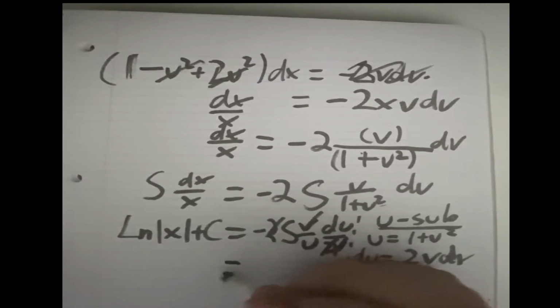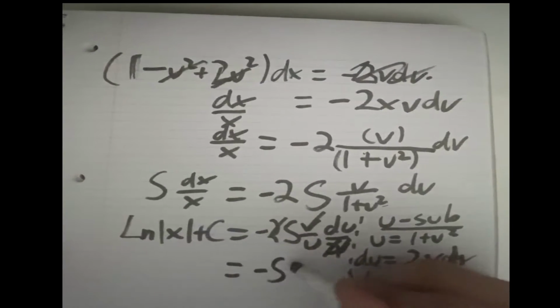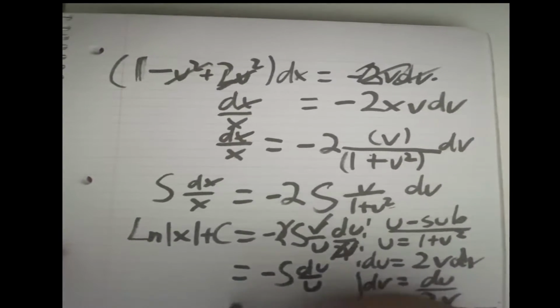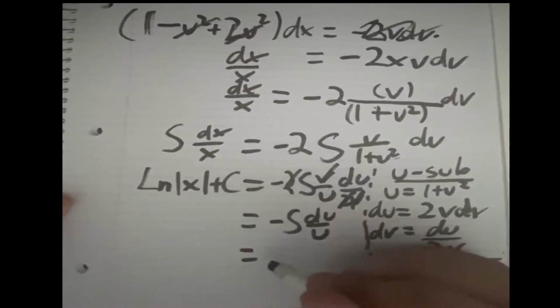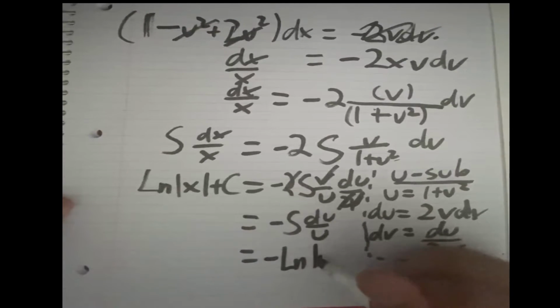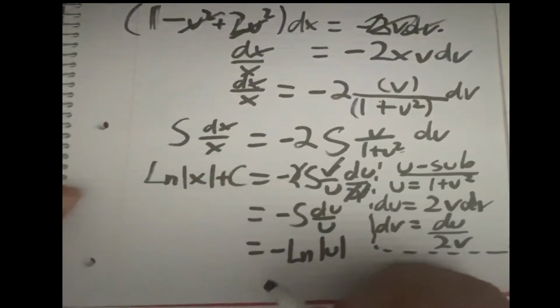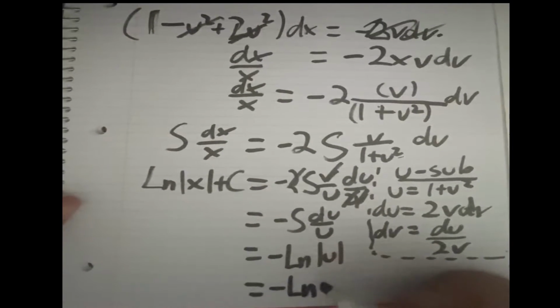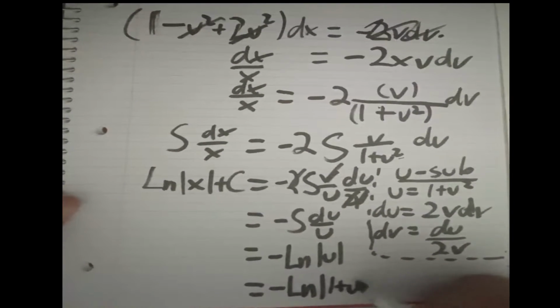And we're left with the integral of negative du over u. And integrating that, we get negative natural log of u, which is also equal to, substituting the v variables back in, 1 plus v squared.